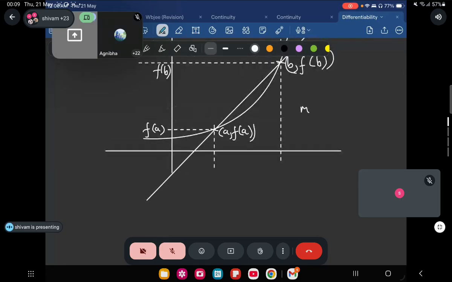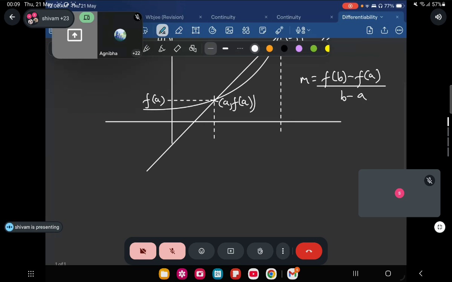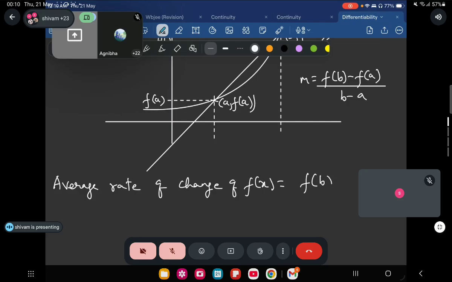Slope is equal to f of B minus f of A divided by B minus A. That is the average rate of change of a function. So average rate of change of f of x is equal to f of b minus f of a divided by b minus a.